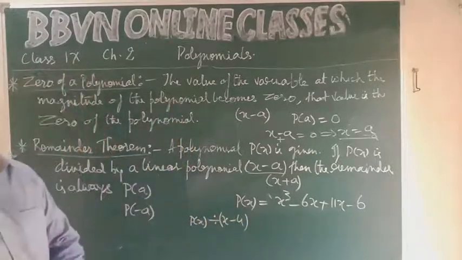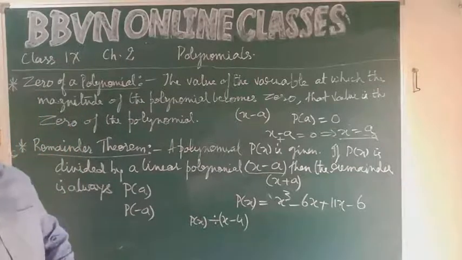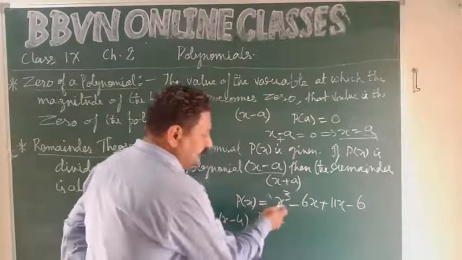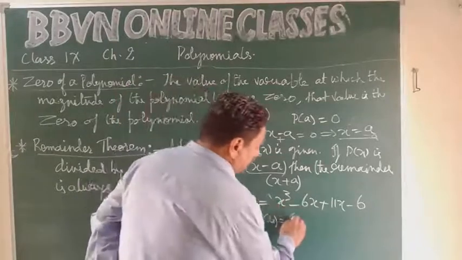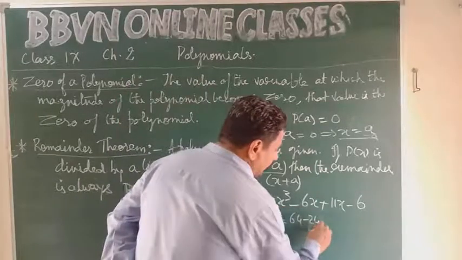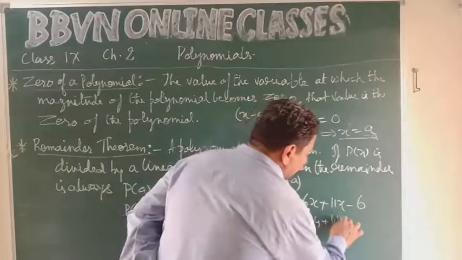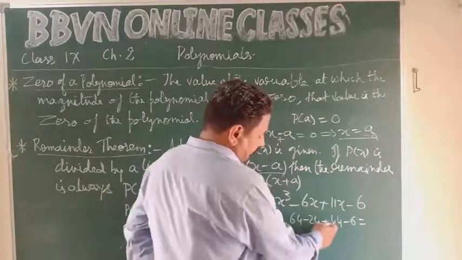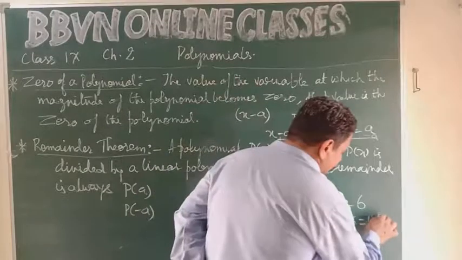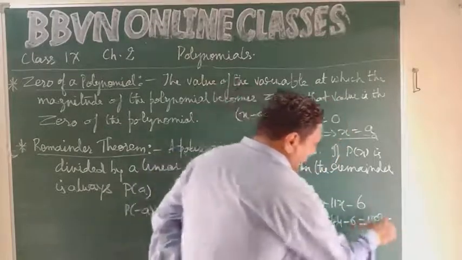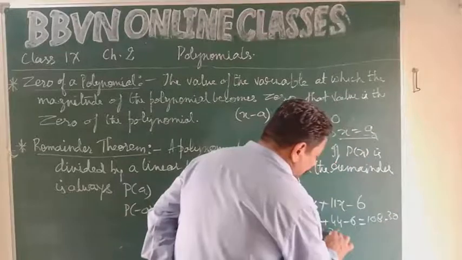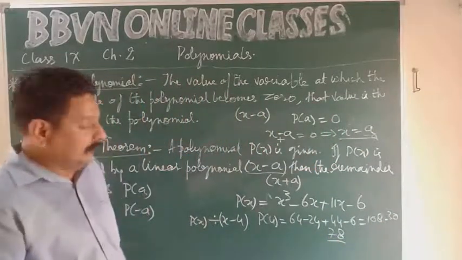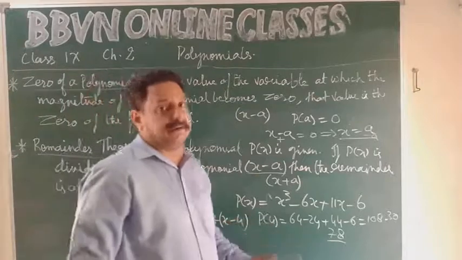What will be the remainder? It is being divided by x minus 4, so the remainder will be p of 4. Substitute 4 here. 64 minus 24 plus 44 minus 6. 64 plus 44 is how much? 108 minus 30. It turns out to be 78. Remainder is 78. Got it? So this is what remainder theorem is.